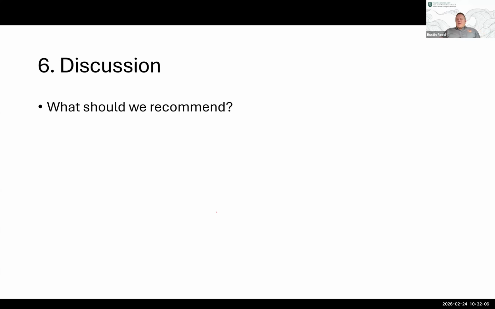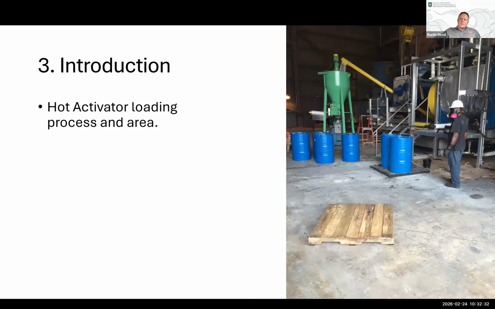I'm going to go back a few slides, but you can see this worker. So he did have a respirator. He was wearing a full face respirator. You don't often go to full face unless you're wanting to protect the eyes. So if you're getting eye irritation from something, then you can go full face.